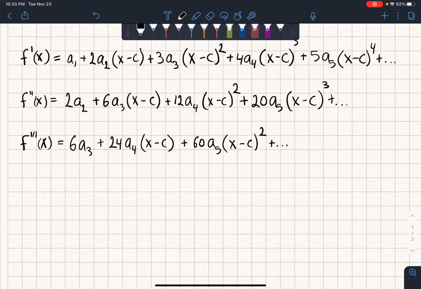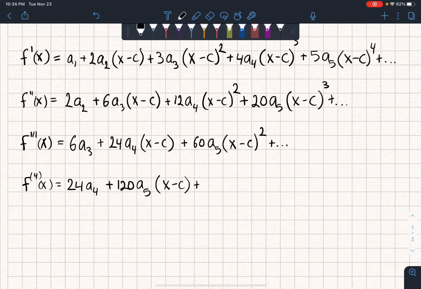Looks like 2 more derivatives should just about do it. So the fourth derivative of f is, well, 24 a sub 4 plus 60 times 2, well, that's 120, so 120 a sub 5 times (x minus c). And one more, so the fifth derivative of f is equal to just 120 a sub 5.